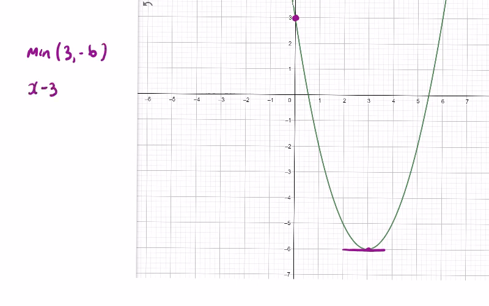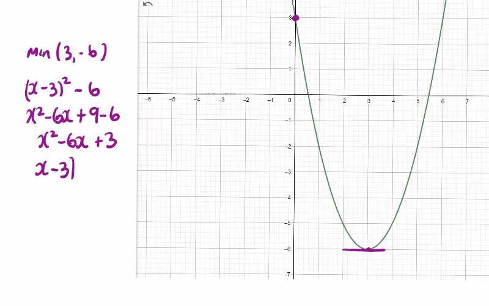So you're going to have x minus 3 to be squared, as you've already written down, minus 6, which is x squared minus 6x plus 9 minus 6, which is x squared minus 6x plus 3. Complete the square. x minus 3 to be squared will be x squared minus 6x plus 9, but we don't want that plus 9. We want plus 3. We'd have to take away 6. So it has gone right 3, plus 3, down 6.